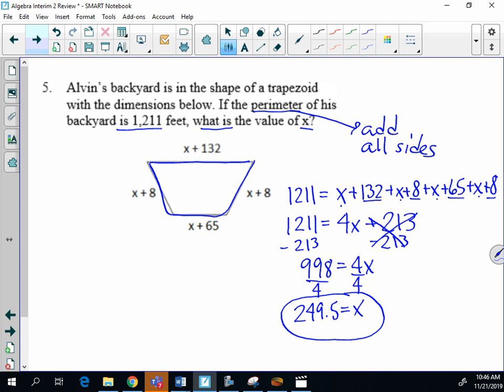Now, I would want to check that if I were you. So I would go back and put in 249.5 there, there, there, and there. Figure out each of those side lengths, and then take each one and add all 4 up to equal 1,211. So that's how you could check it out.